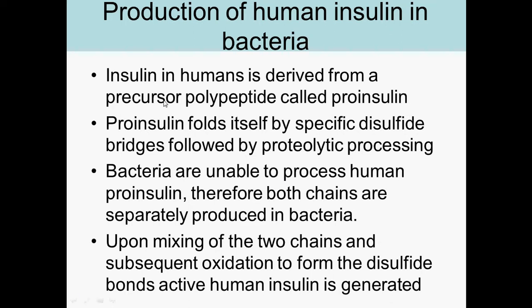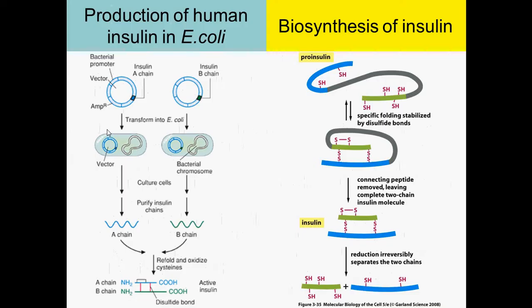Okay, and this is describing this over here. Insulin in humans is derived from a polypeptide called proinsulin. So proinsulin is this thing over here.